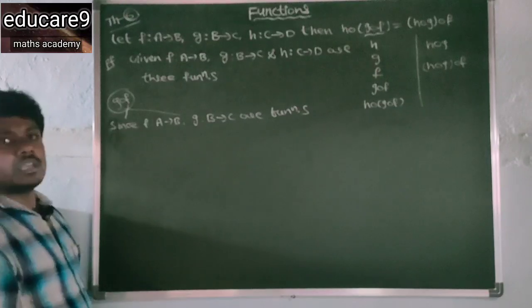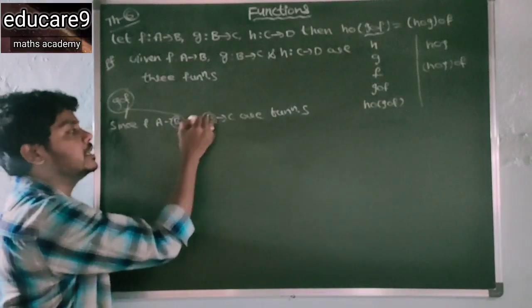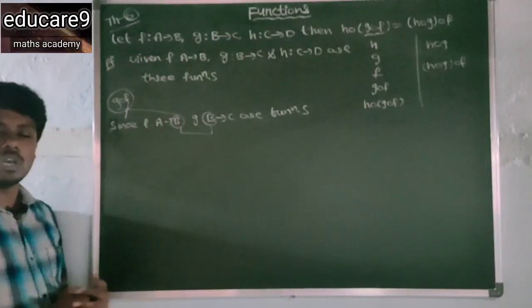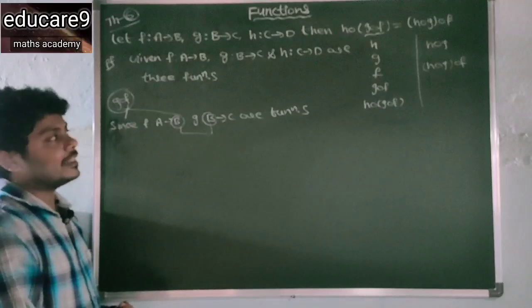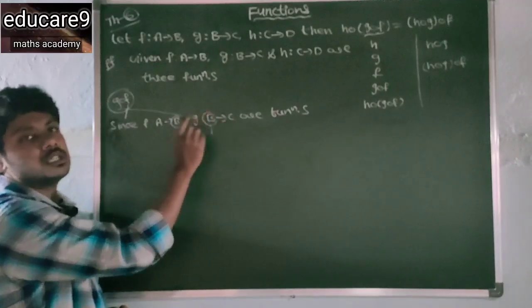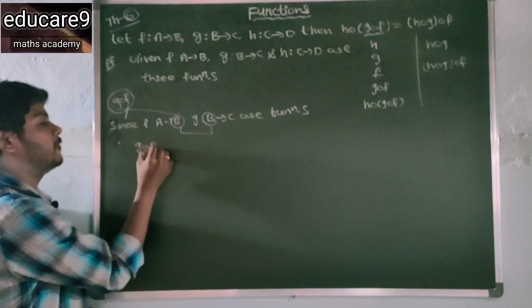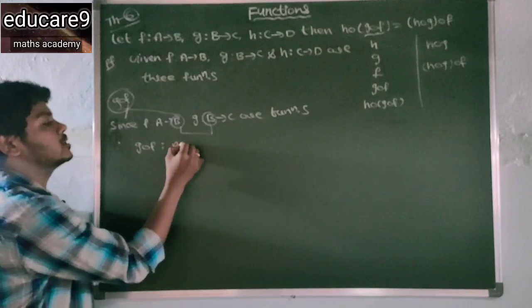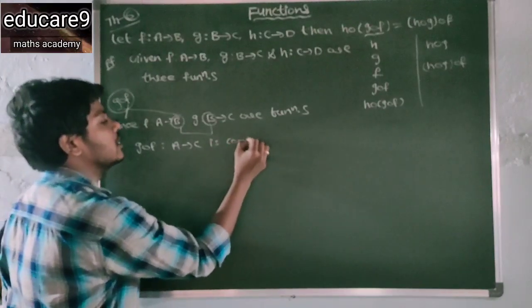Now clearly codomain of F is equal to domain of G. So both are equal, then the composite function exists and that mapping is A to C. Therefore G circle F from A to C is a composite function.